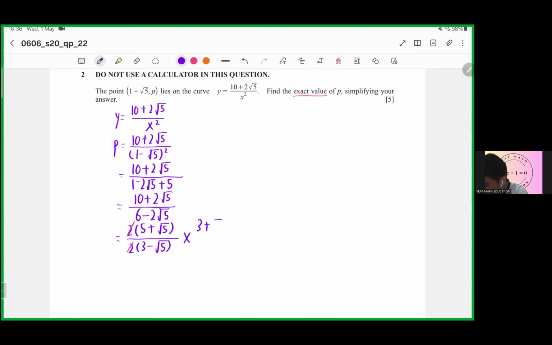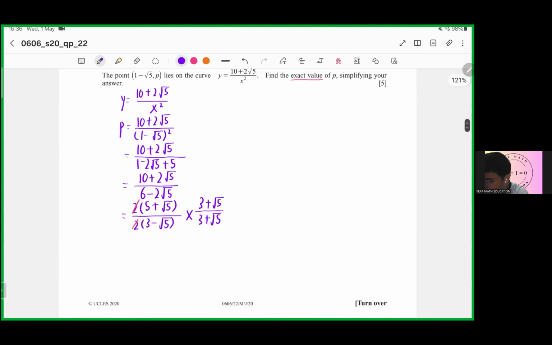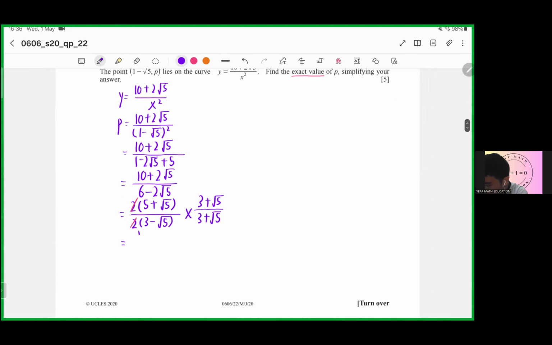3 plus root 5, 3 plus root 5 here. We multiply, we got 15 plus 15 again.